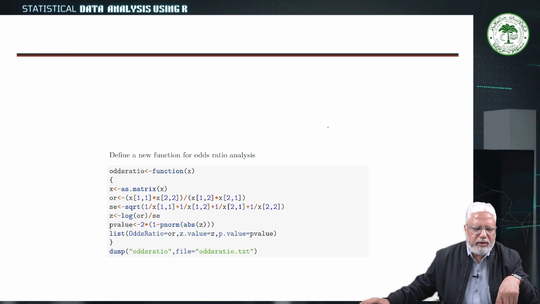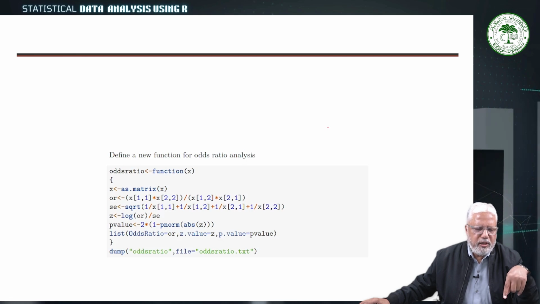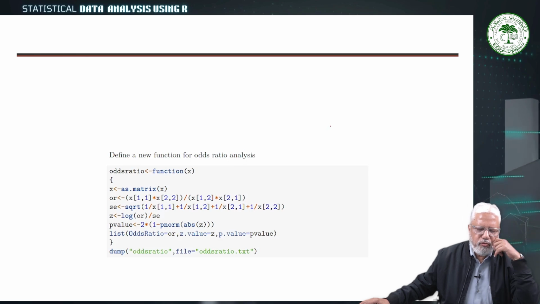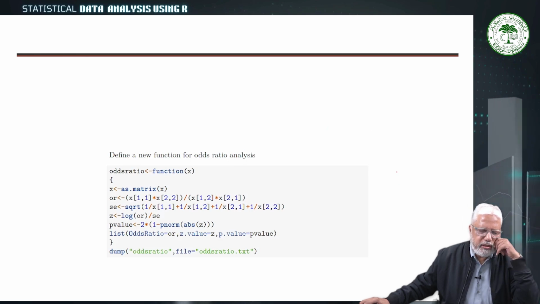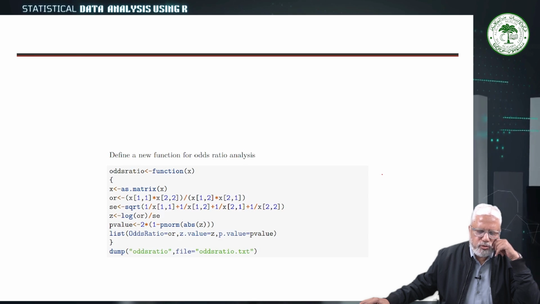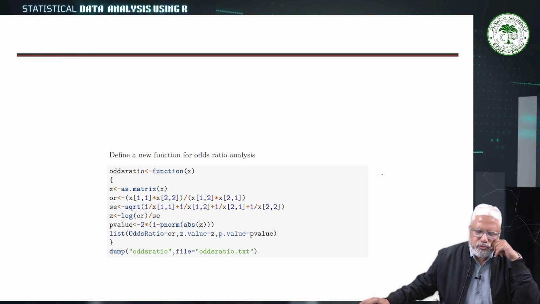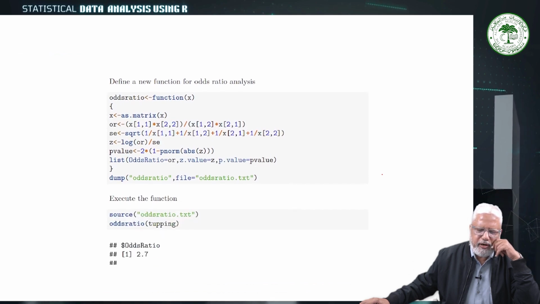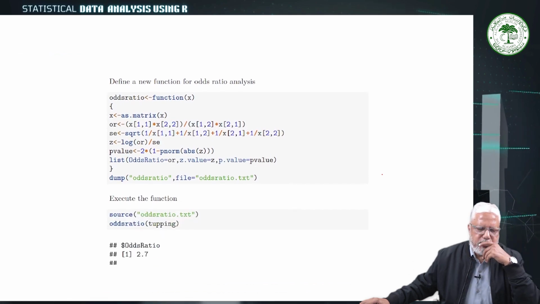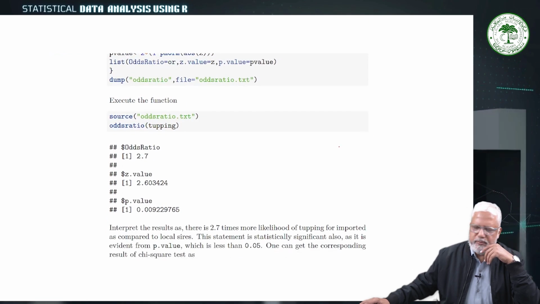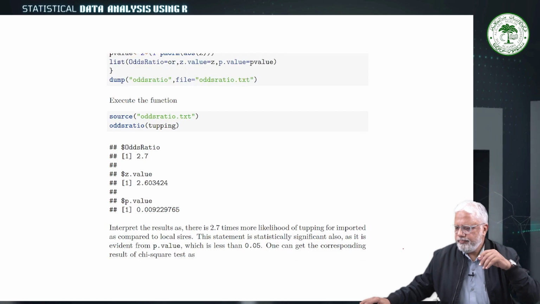Then z is equal to log of odds ratio divided by SE. The p value is twice into 1 minus pnorm of the absolute value of z, and the list is odds ratio equal to OR, z value z, p value p value. Dump this function in the file odds ratio.txt, and source it.